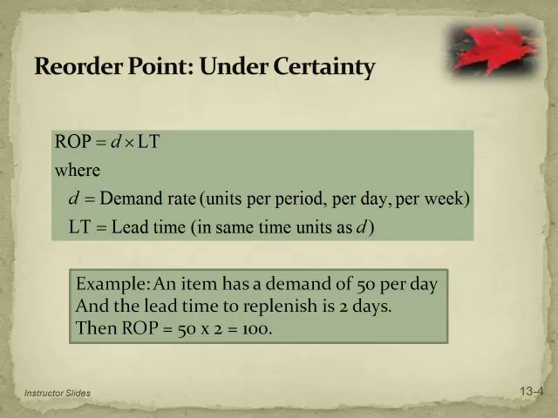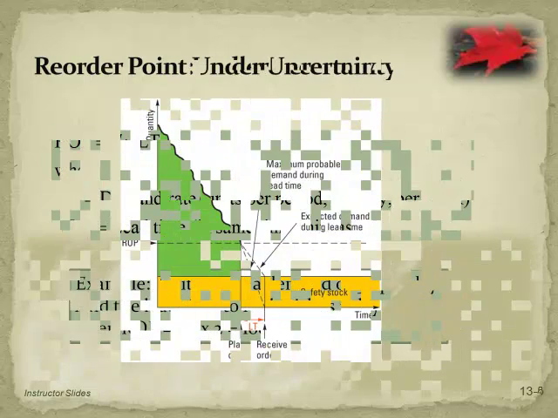Now notice that the reorder point has nothing to do with the quantity that I'm going to order from my supplier. It's just saying when the inventory reaches this point, that's when I'm going to order. The quantity that I'm going to order is going to be determined by the economic order quantity or some other method that I use.